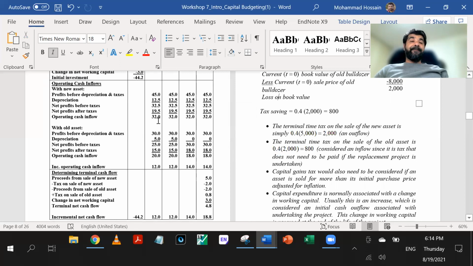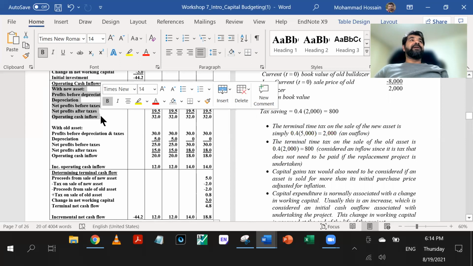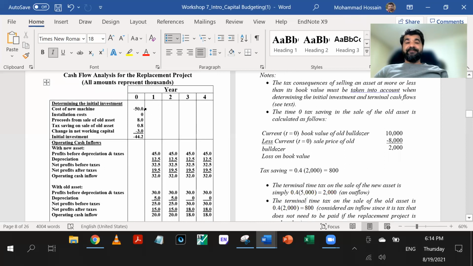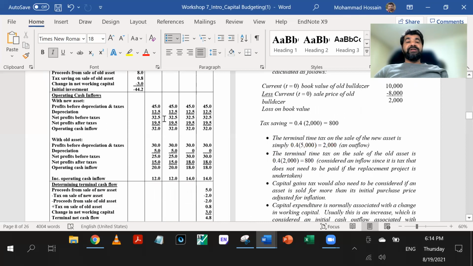Then what happens here? With the new bulldozer, profit before depreciation and taxes is 45 every year, they mentioned. Depreciation is by the straight line method. $50,000 is the cost of the new machine, so every year it will be depreciated by 12.5, and in 4 years' time it is gone.